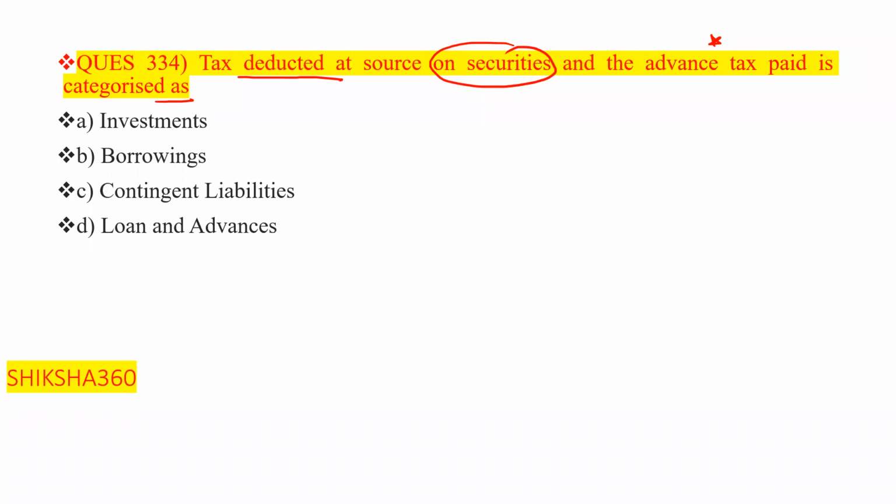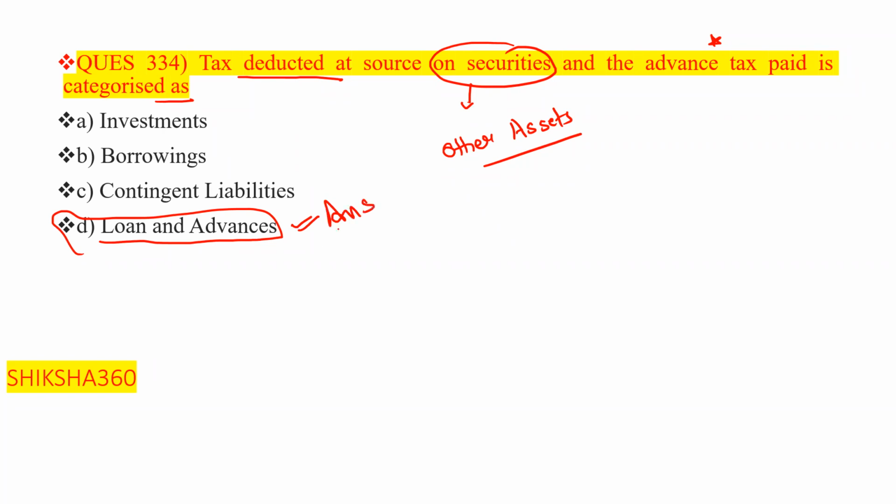Tax paid in advance, or tax deducted at source on securities, and the advance tax paid is categorized under loans and advances. Particularly it is categorized under other assets, but as per the given options, it is loans and advances. Clear? So this one is our answer.